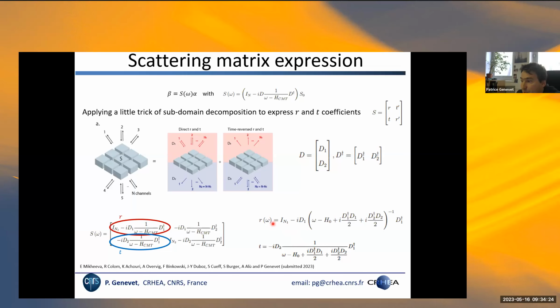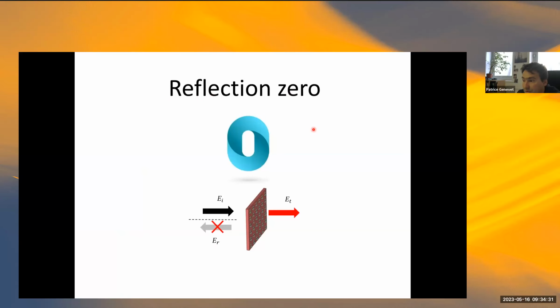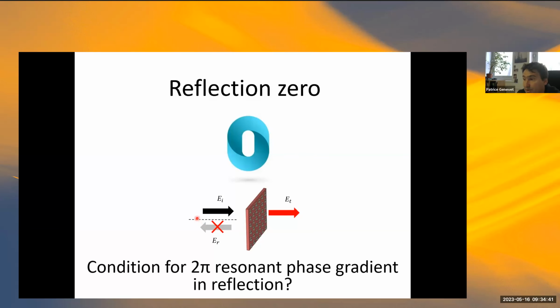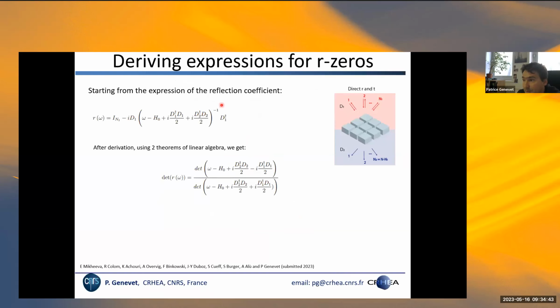So we can, for example, look at the reflection coefficient and do exactly what we did with the Fabry-Perot, which is to look for the reflection zeros. So all the reflection zeros, meaning nothing is reflected, or all the light is actually absorbed so that there is no reflection. So I take this expression for the reflection zeros that we calculated together.